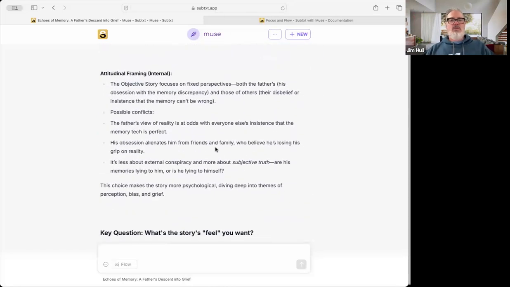Attitudinal framing would be one where, I mean, this one's really weird. Not only his obsession, but maybe you want to explore everybody having an obsession or everybody dealing with fear, anger, loss, more grounded in a personal experience.